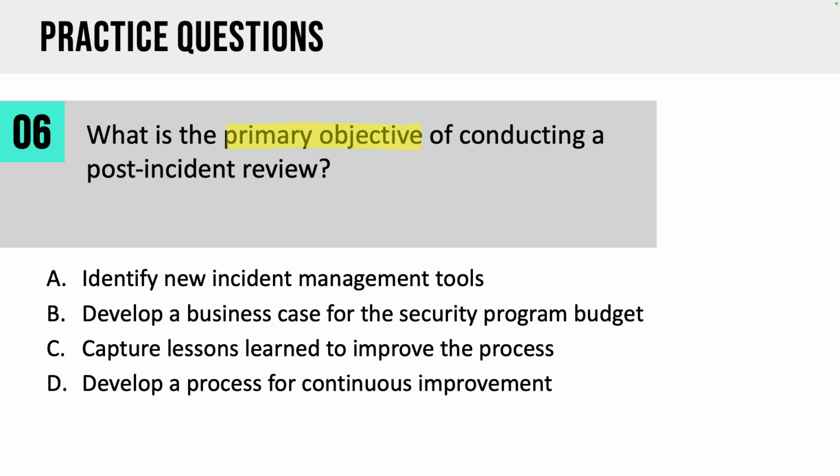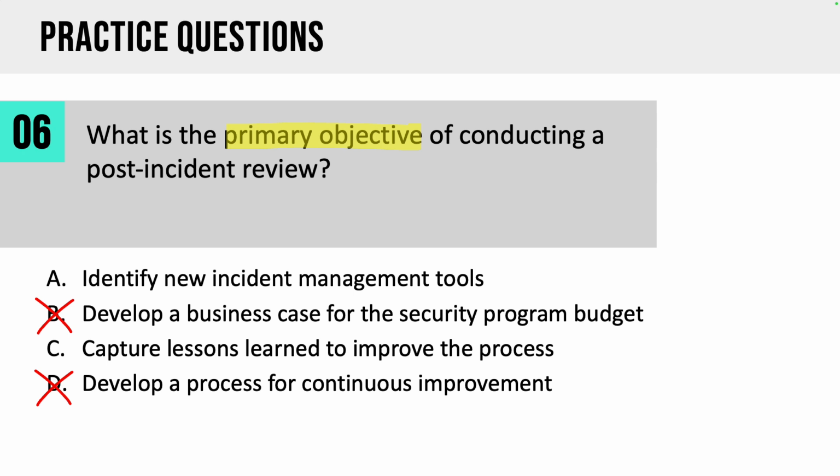Which is the primary? Well, there's one I can knock off here because I know it's secondary. Developing a business case for the security program budget would come after we've identified where we need to make improvements and what those improvements look like. So the process of post-incident review is geared toward helping us to improve our response in the future. It's not the primary objective.